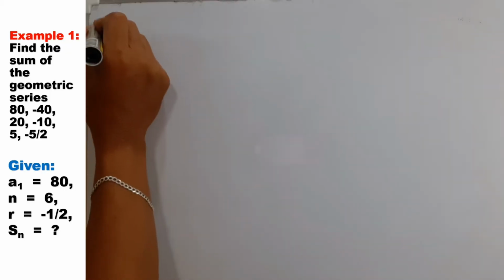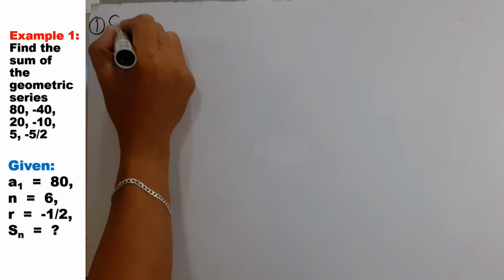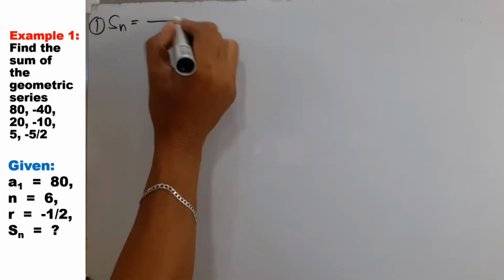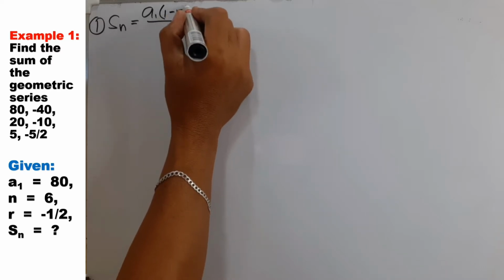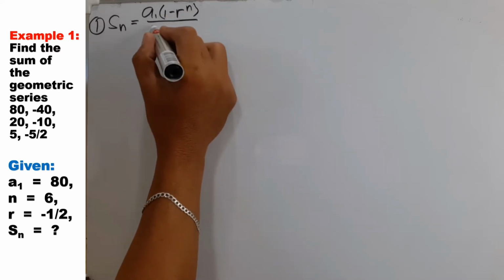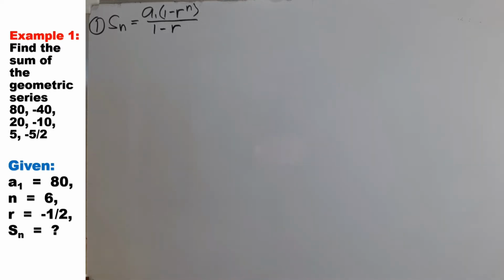To solve problem number 1, let us start with our formula, which is S of n equals a sub 1 quantity 1 minus r to the n all over 1 minus r.